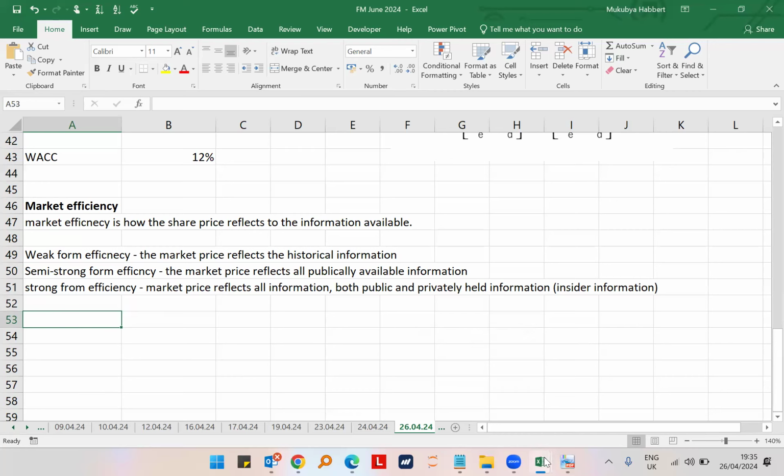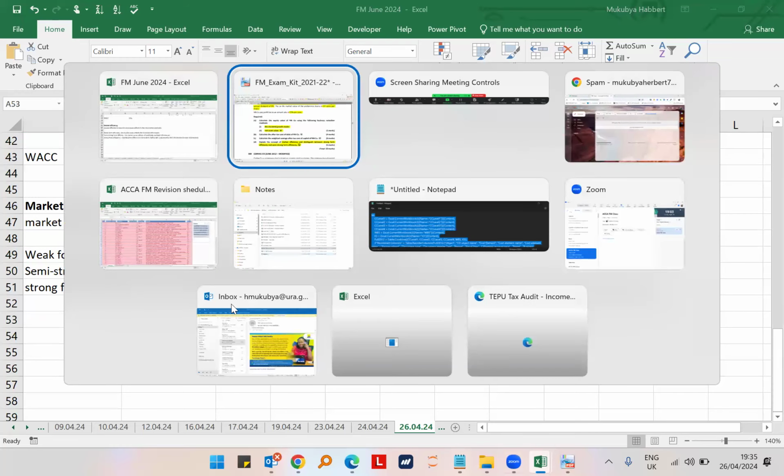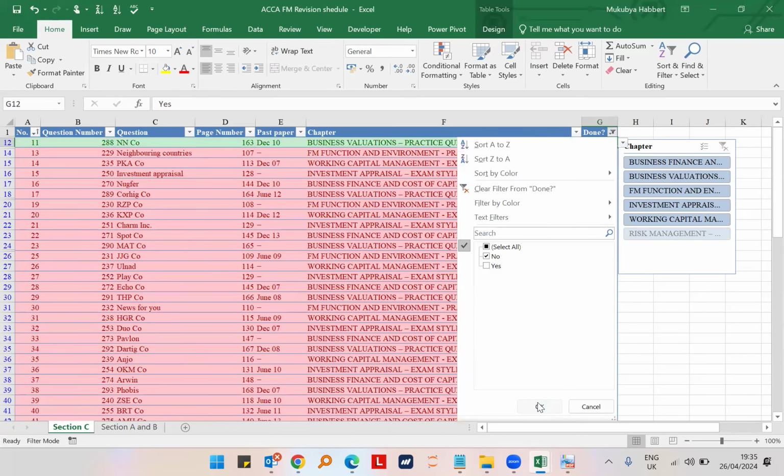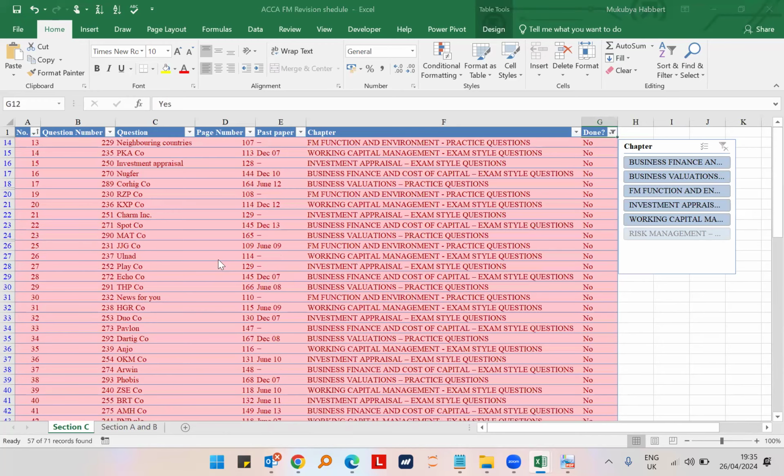So now we should go to another question. So we have finished NN core. So let us also look at neighboring countries.